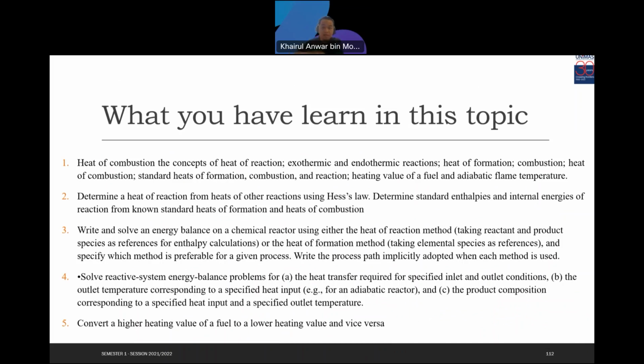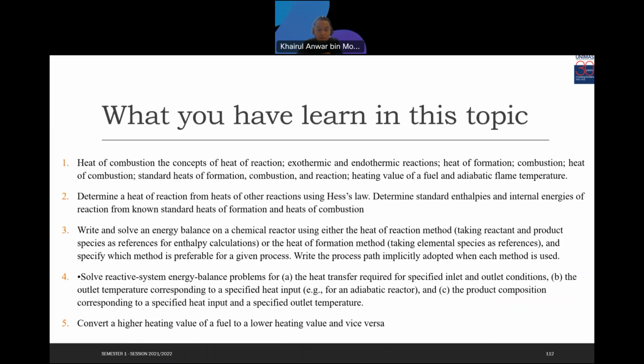Determine standard enthalpy and internal energy of reaction from standard heats of formation and heats of combustion.